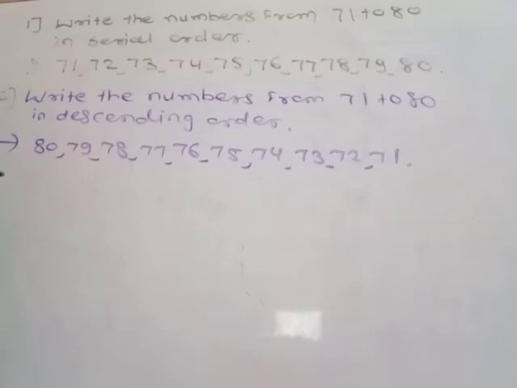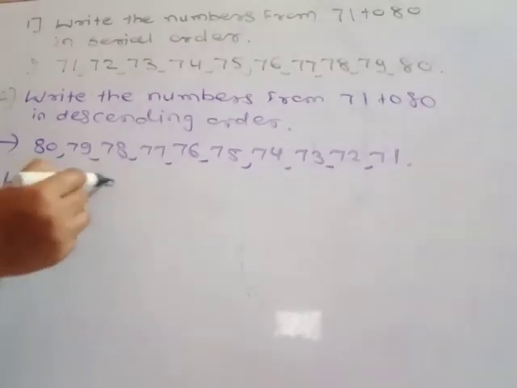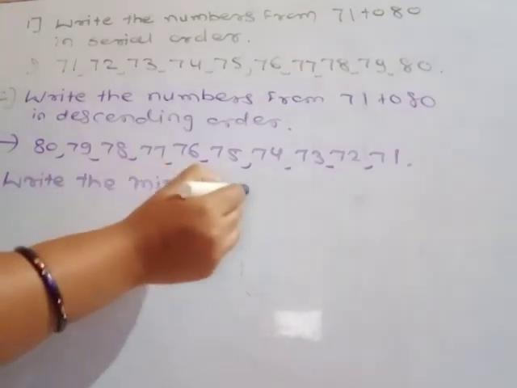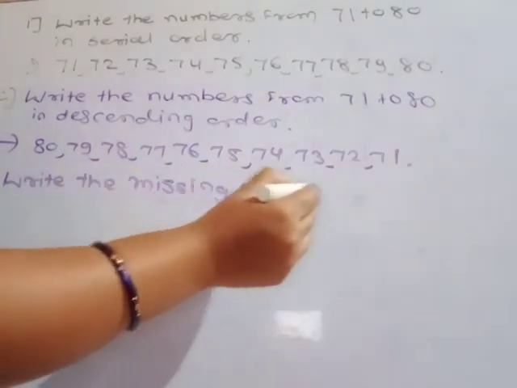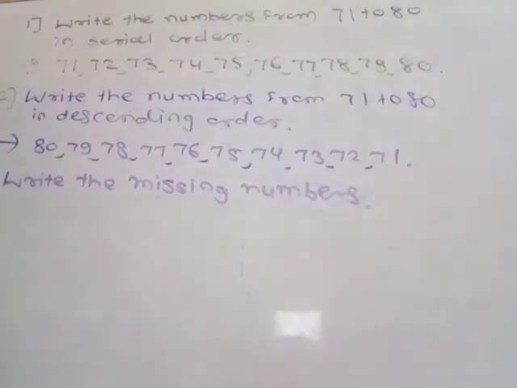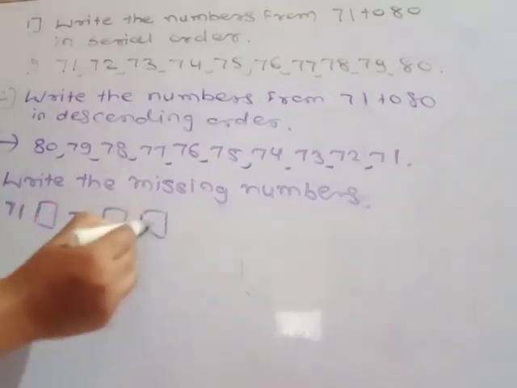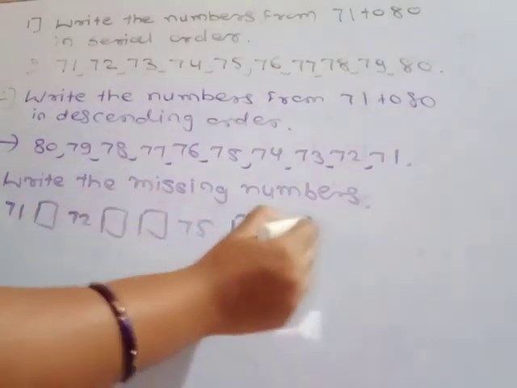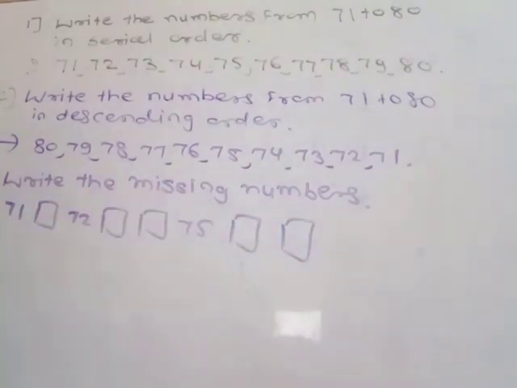Then third question, write the missing numbers. 71, here one empty box, 72. Write all these missing numbers here.